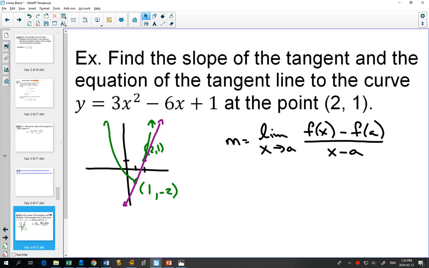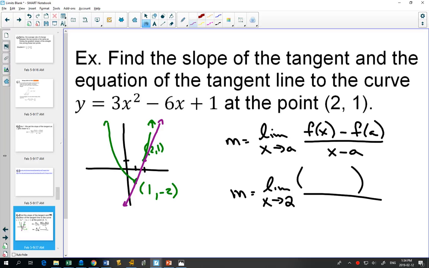In our situation, we want it to be at the point 2, 1. So we can say we want to find the slope will be the limit as x approaches 2, because it's going to get really close to 2, of f of x, and f of x we can plug in our entire equation, which is 3x squared minus 6x plus 1, minus f of 2.